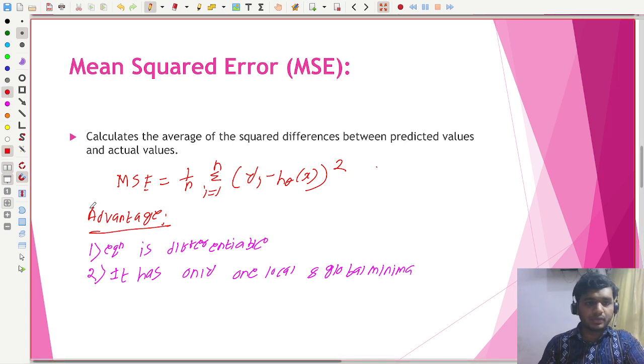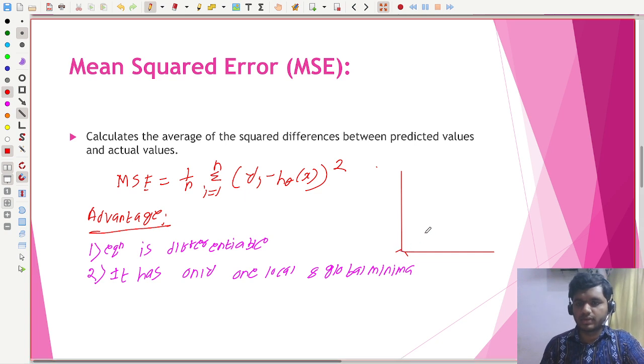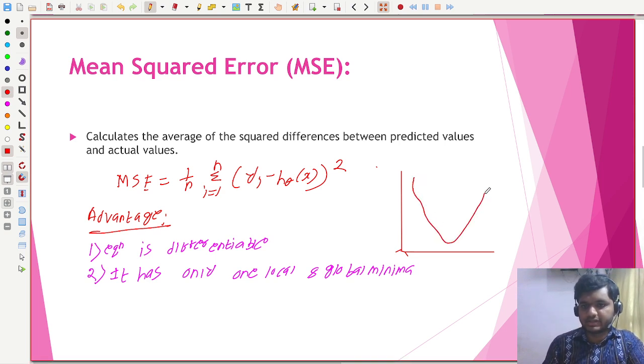So if you draw the linear regression, the curve will be like this.